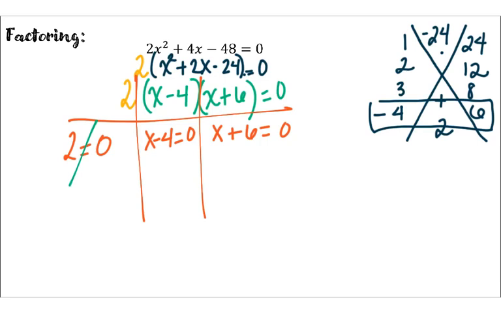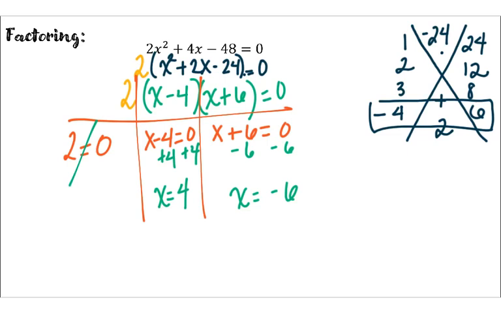Next, we have x minus 4. If we isolate x, that gives us x equals 4 as our first solution. Then if we isolate x in the second one, that gives us x equals negative 6. So the two solutions that we obtained are x equals 4 and x equals negative 6.